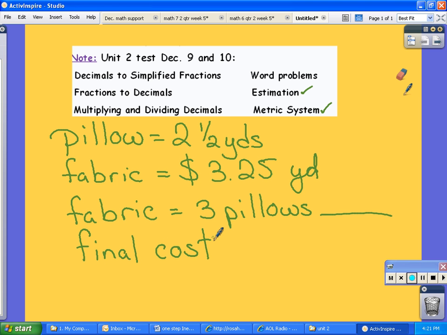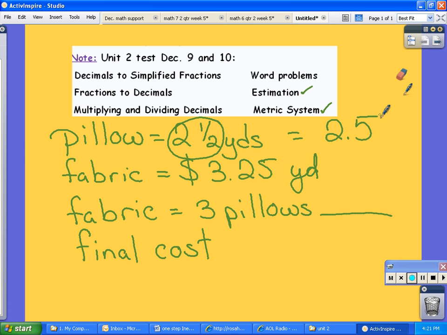Okay, so the first thing students need to know how to do is take this number 2.5 and change it into a fraction, because we have not shown how to add, subtract, multiply, and divide with decimals. So this 2.5 is going to turn into 2 5/10.